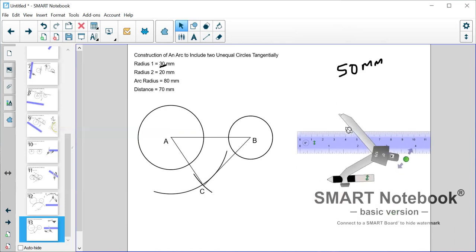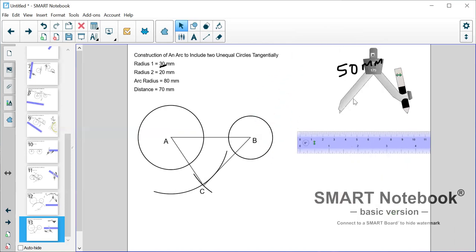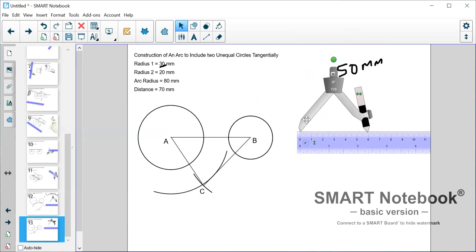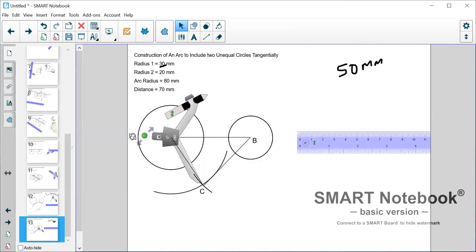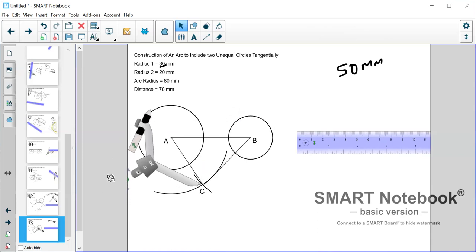So we open the pair of compasses to 80. We come from C and we draw an arc that's supposed to touch these two circles.